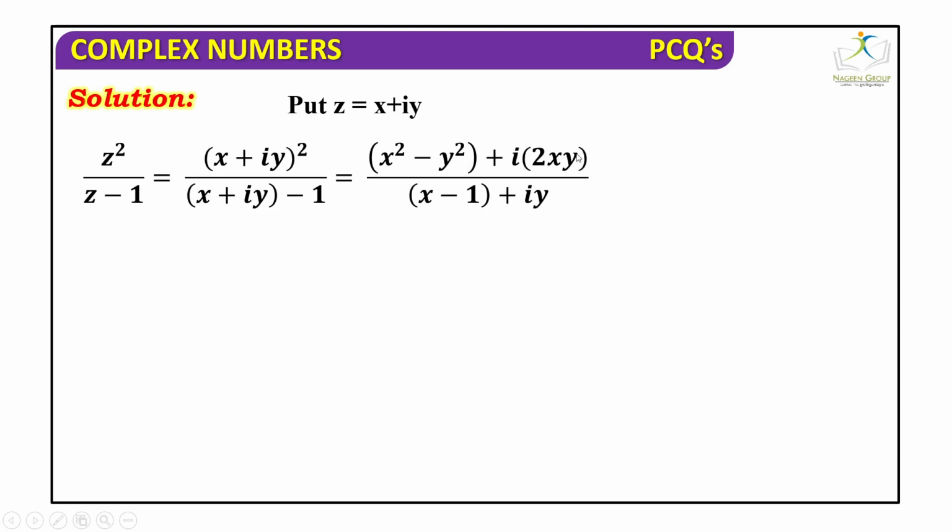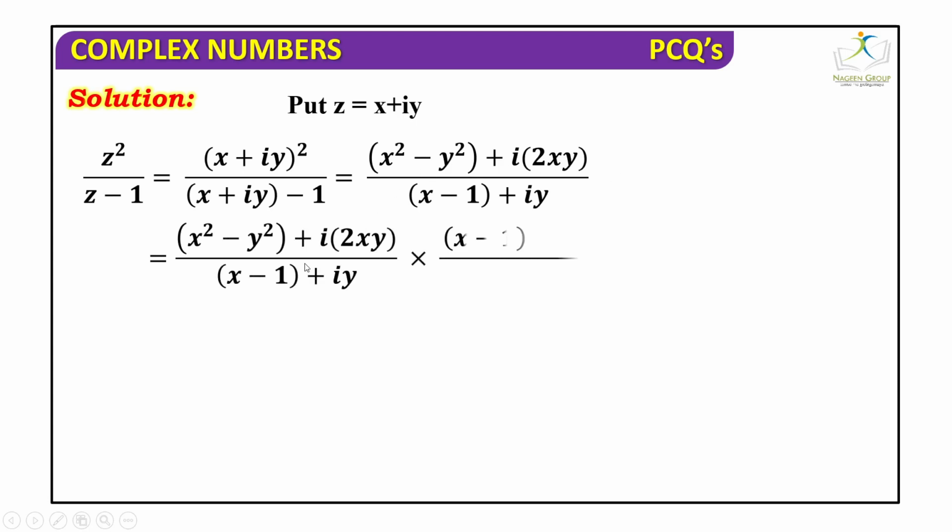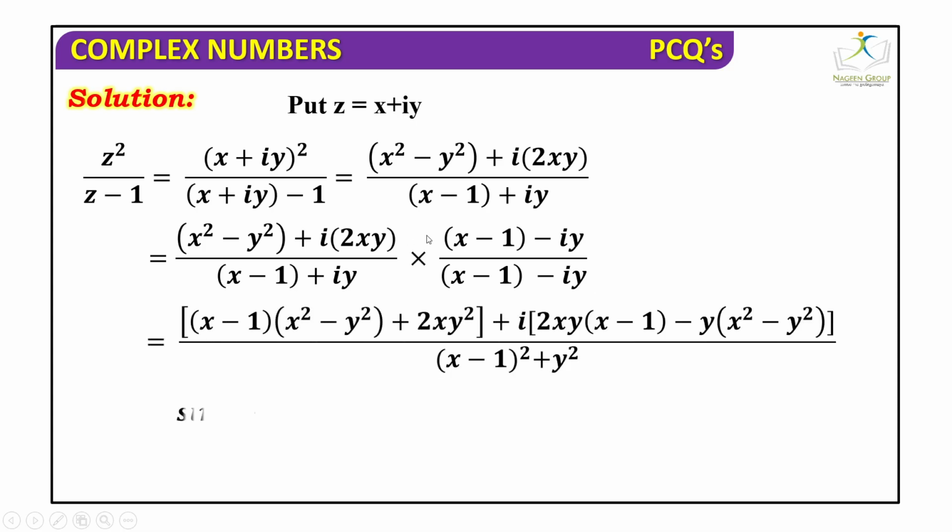Now separate real and imaginary part: we have x square minus y square plus 2xy iota divided by x minus 1 plus iota y. Here we have to rationalize it, multiply by x minus 1 minus iota y divided by x minus 1 minus iota y. So here upside we multiply, right? And the denominator will be a square minus b square.